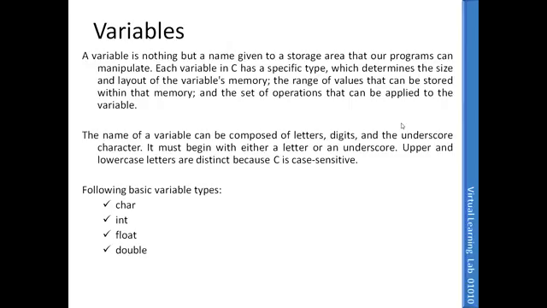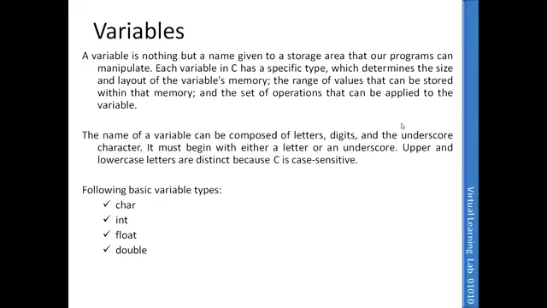Now, variables are a very important concept in a programming language. A variable is nothing but a name given to a storage area that our program can manipulate. Each variable in C has a specific type which determines the size and layout of the variable's memory, the range of values that can be stored within the memory, and the set of operations that can be applied to the variable.